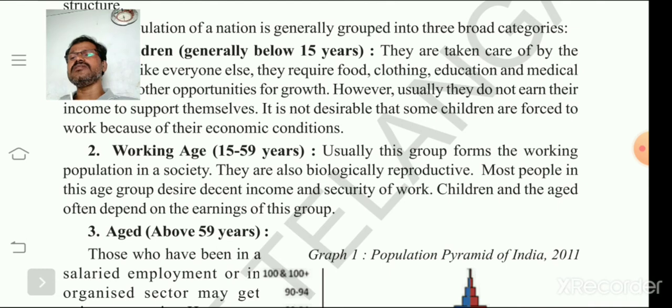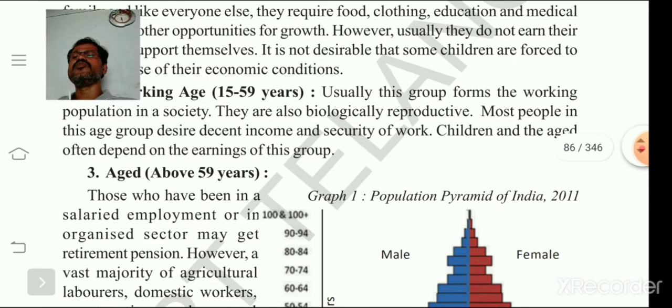And the last and third age group in the age structure is aged. Who are called aged? Those who cross 59 years. Those above 59 years are called aged. They do not have the capacity to work also. Understand? When we find this group much more in the population, then the government should focus on them to provide their needs.